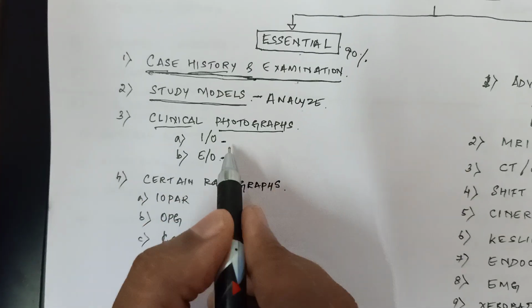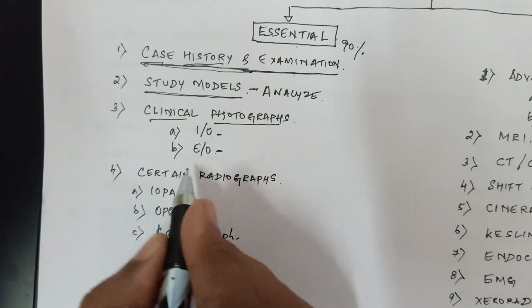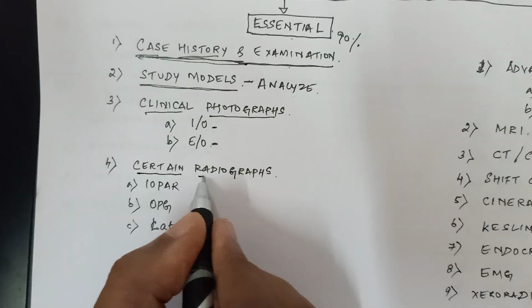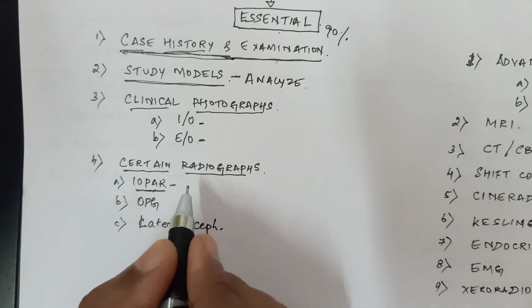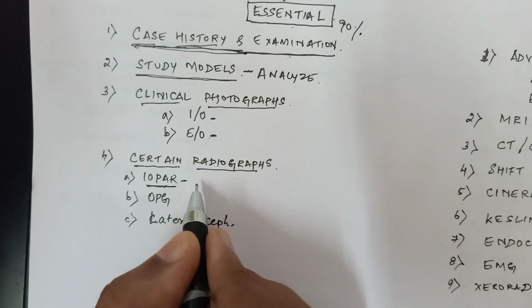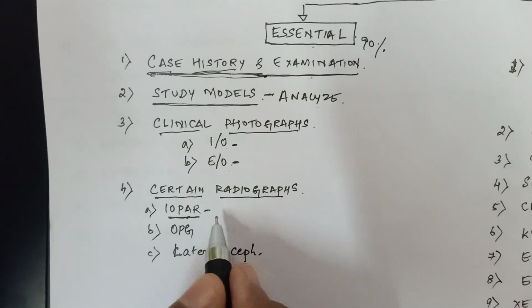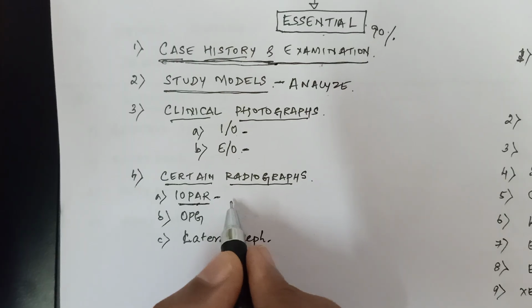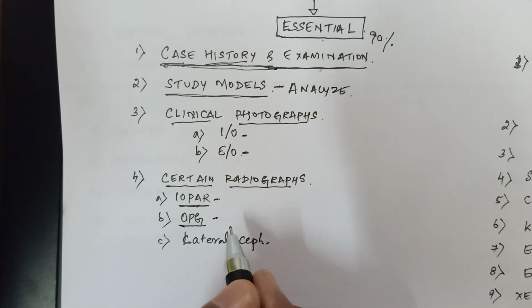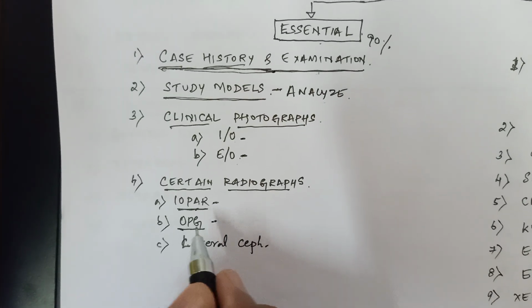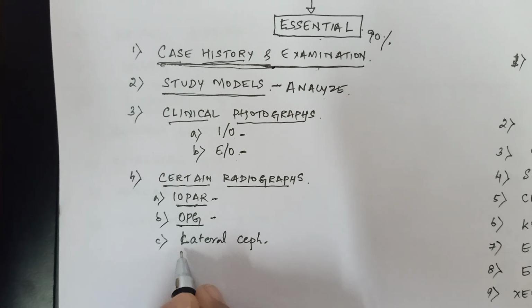Then clinical photographs, intraoral and extraoral, and some radiographs. Certain radiographs like IOPA. IOPA is taken depending on what we think the etiology may be. We will discuss this in detail when we come to the provisional diagnosis. Then we have OPG. OPG is also very important. It's taken for almost 60 to 70% of the patients.